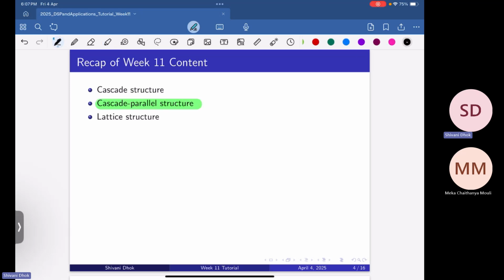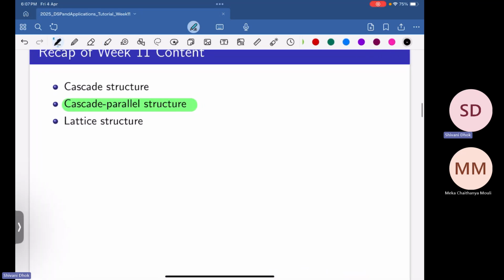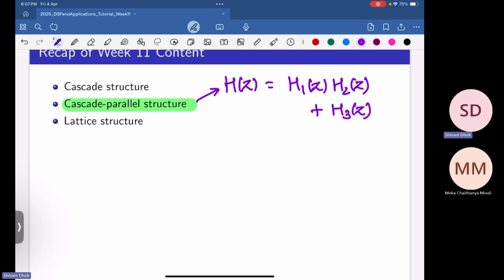For the cascade parallel structure, what do we have? Suppose I am able to write my system response H(z) as H1(z), H2(z) plus H3(z). Then I can realize this system in this form.